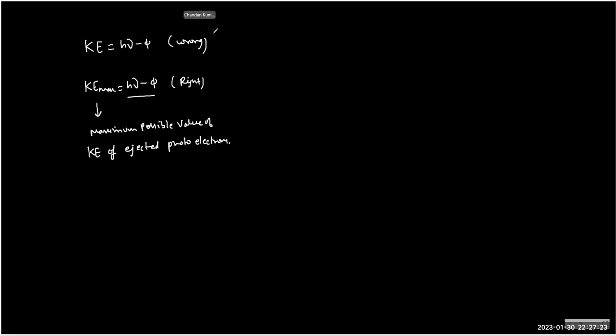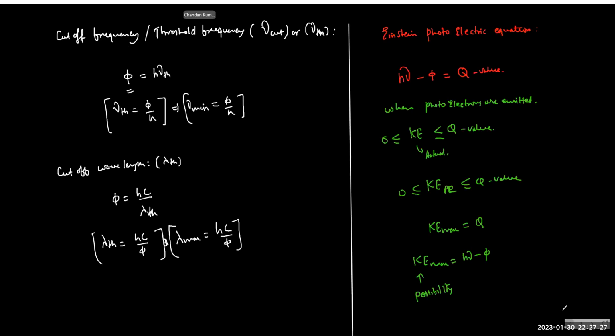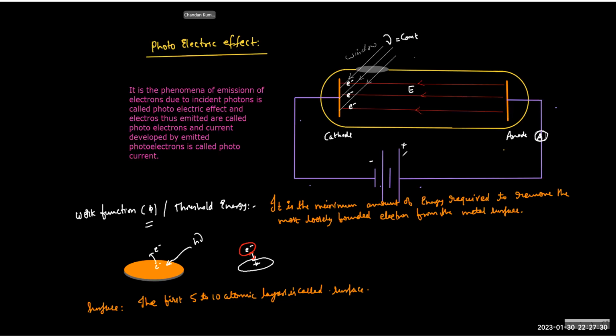Okay. Now, as I said, imagine that an electron has been ejected here. Because of the potential difference, the electron will accelerate, right? Yes, sir. And when this electron reaches near the anode, due to the accelerating potential, the kinetic energy will increase by how much? E times V, EV. Yes, sir.